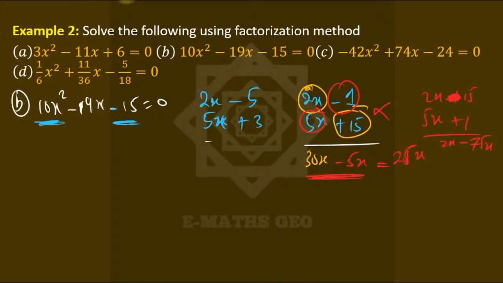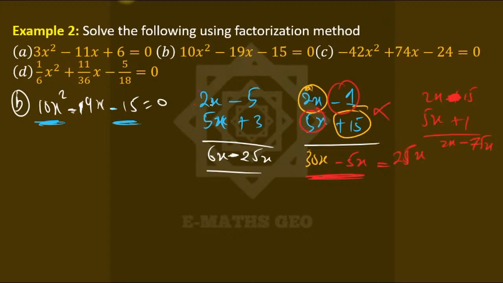Because if you do 2x times 3, it gives us 6x. If you do negative 5 times 5, it gives us negative 25x. And you see that 6 and 25 can combine to give me 19. It's even the answer, because 6x minus 25x is now negative 19x.